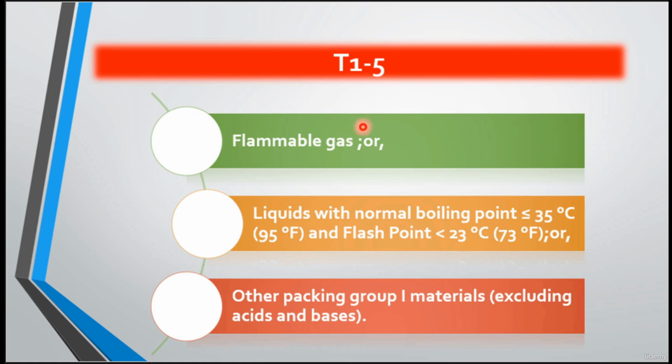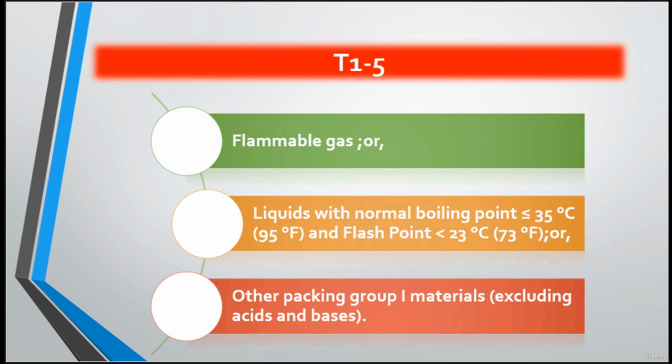Okay, so number 2 will be liquids with a normal boiling point lower than or equal to 35 degrees centigrade and a flash point below 23 degrees centigrade. So what is the normal boiling point? Boiling point is the temperature of a liquid at which its vapor pressure is equal to the standard pressure, which is 101.3 kilopascal.